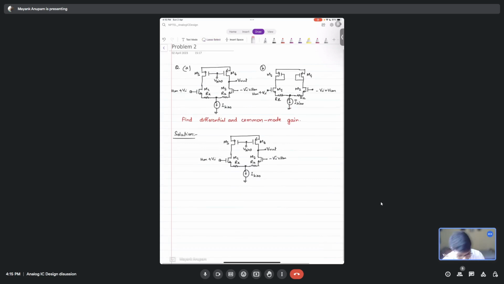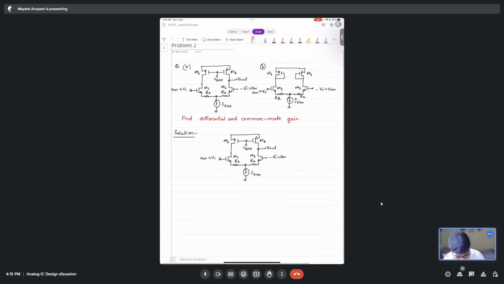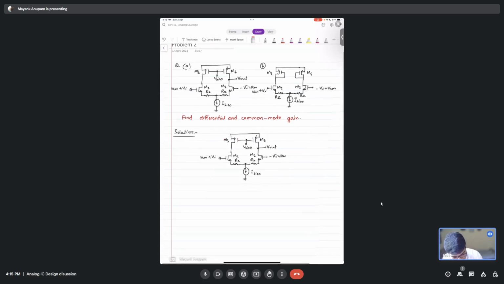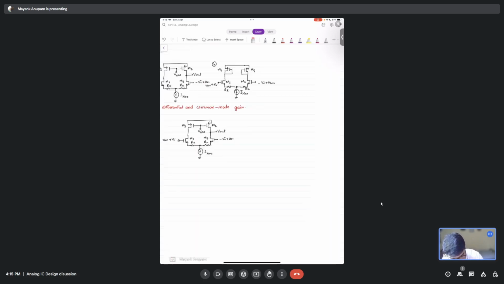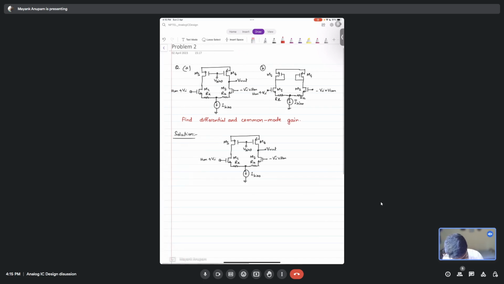This is a very common circuit. You can very easily identify the circuit if these resistors were not present, right?